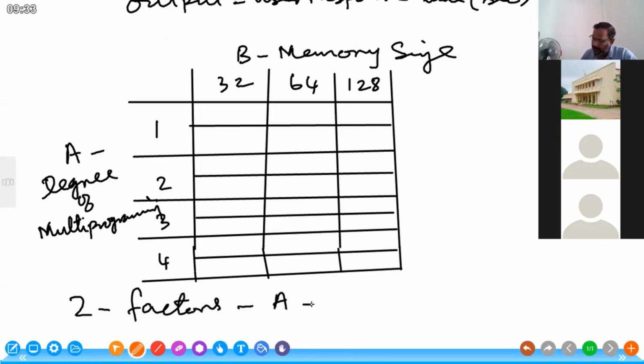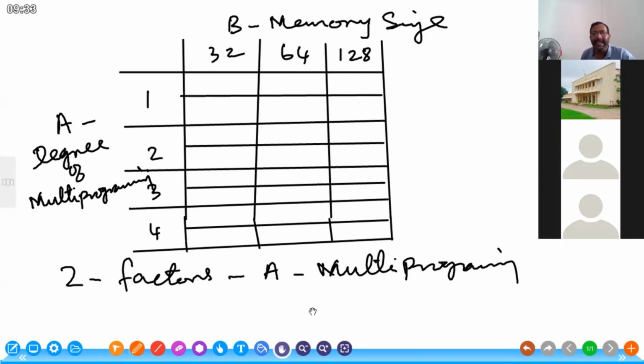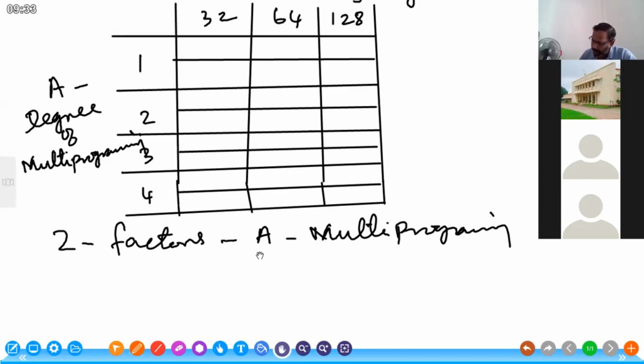Factor A is multi-programming. I will come to the data. B is memory.